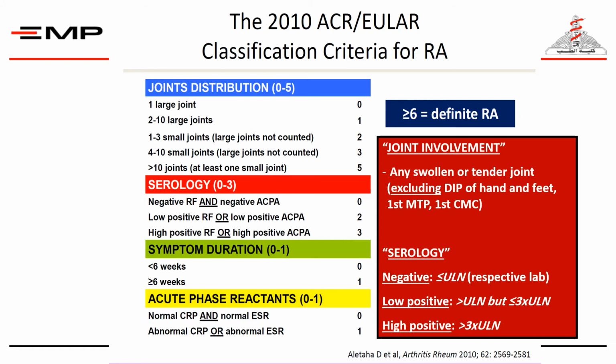We do summation of all these domains and calculate the final score of each patient. As we said, if he took 6 and more, he will be defined as having rheumatoid arthritis. All these symptoms and signs, either prospectively over time, cumulatively, or retrospectively, can be added.